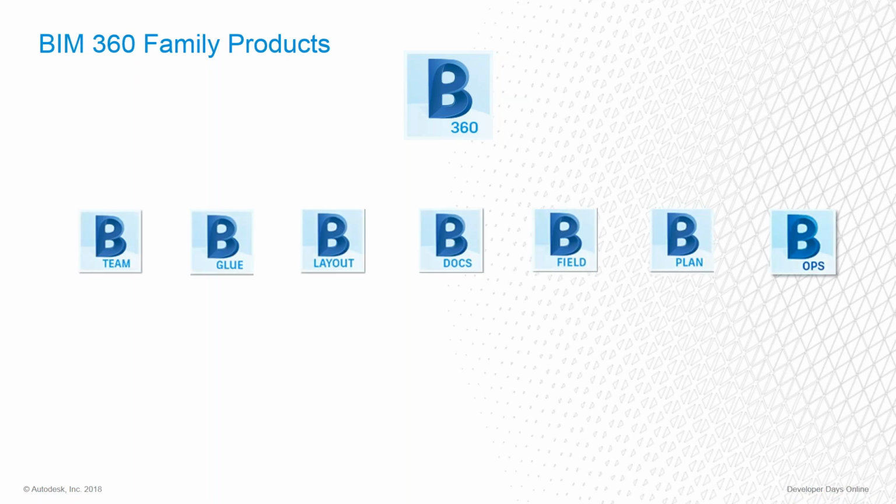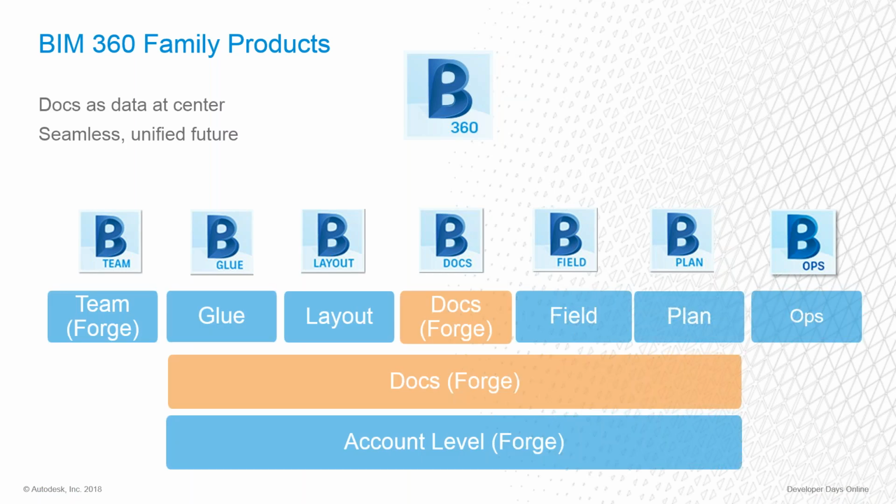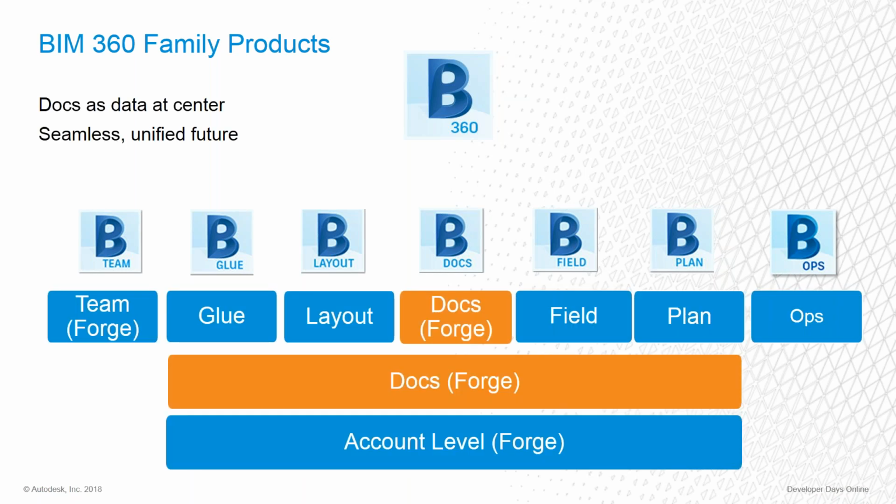Probably everybody joining the webinar knows that we have a collection of products starting from Team, Glue, and Layout, etc. During the last couple of years, we've been talking about Docs, this orange part, as the data at the center. And we are trying to go to seamless, unified BIM360 features.